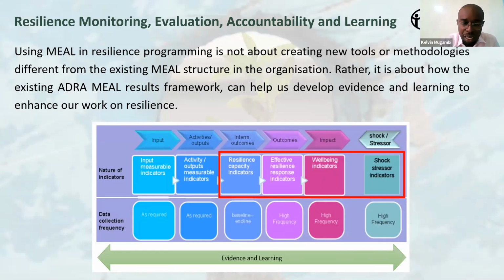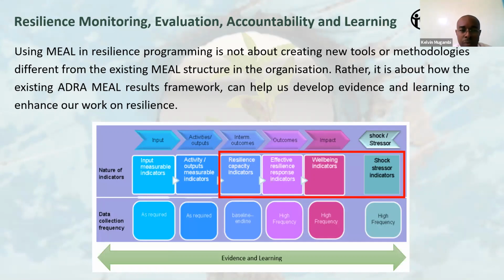So here we have an image of a typical MEL framework, and as I've mentioned, some of the issues to capture looking through this particular image, we can all agree or testify to some of the steps in our normal MEL frameworks.